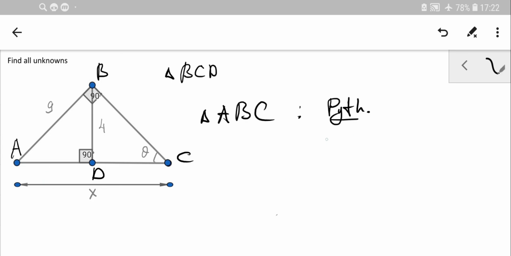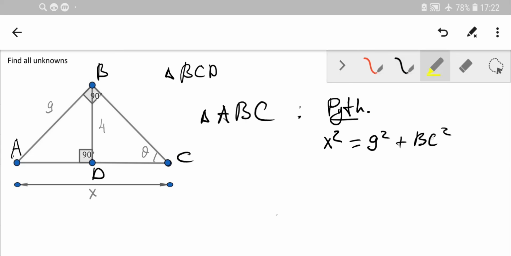So x squared, because it's 90 degrees in this big triangle, equals 9 squared, one leg, plus BC squared. So we need to define BC in order to find x. So go back to the small triangle, B, C, D. What we know, we need to find BC, but we don't know the angle. Yeah, that's the problem.